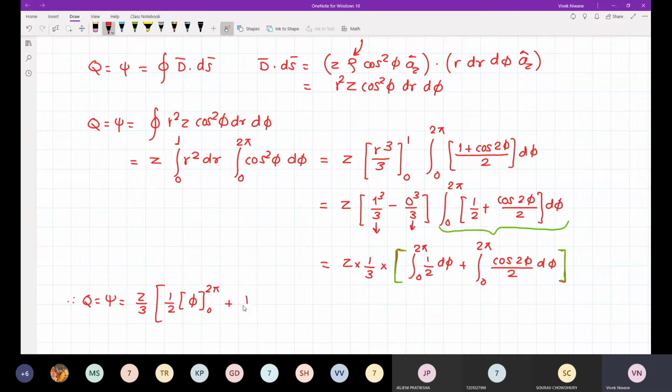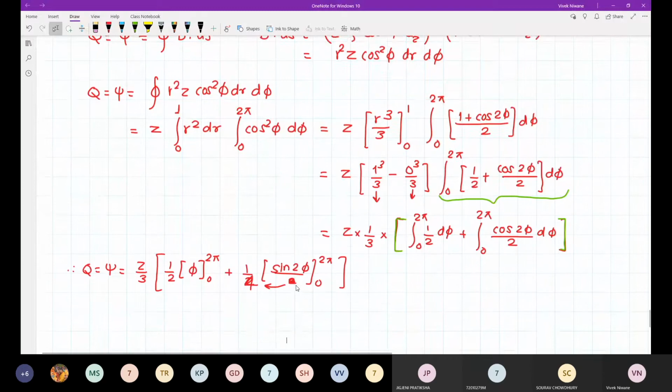Plus, once again we take out 1 by 2, and the integration of cos of 2 phi will be sine of 2 phi upon 2, with limits 0 to 2 pi. We take out this 2 and instead of writing 2 we write 4 here, so this 2 is gone.